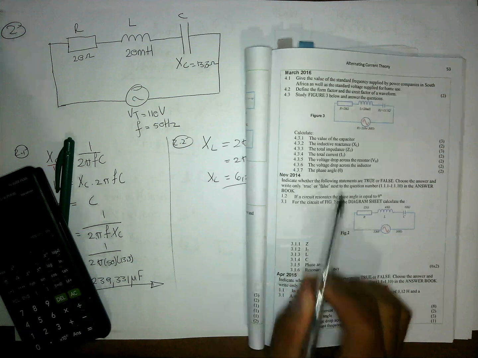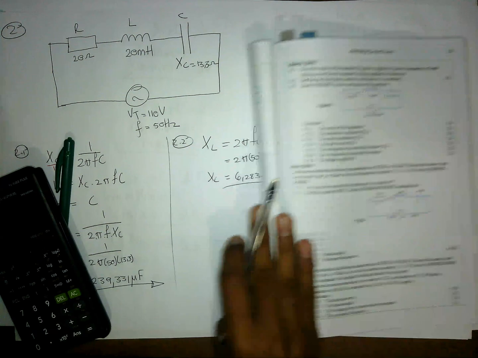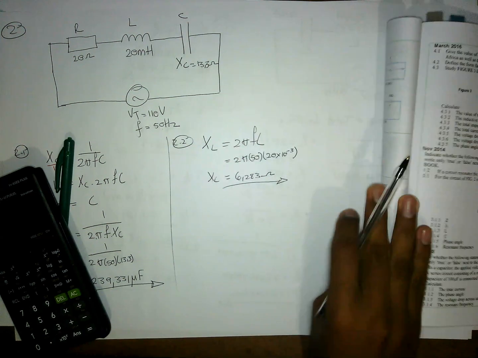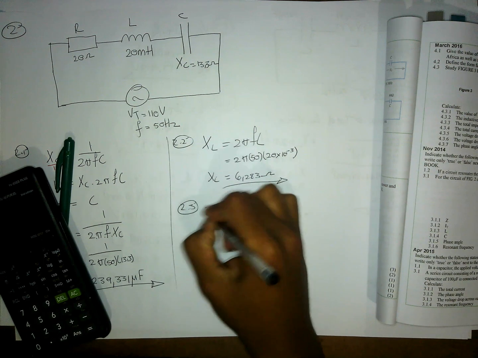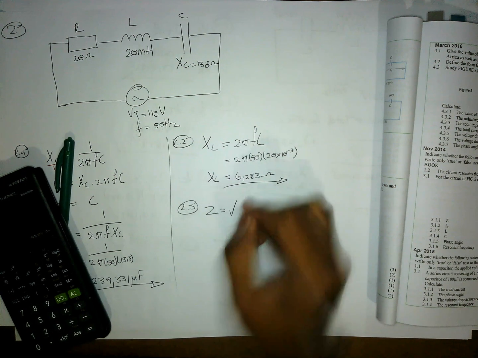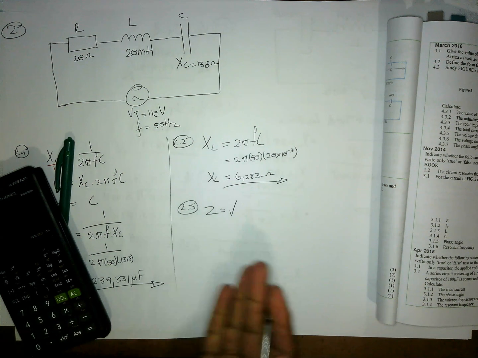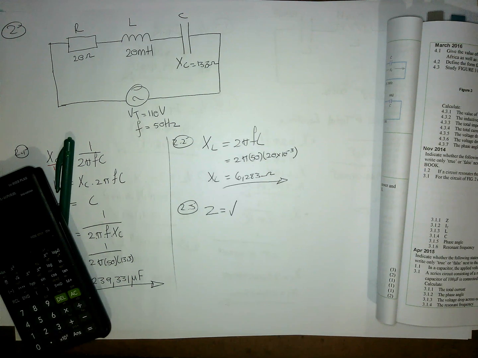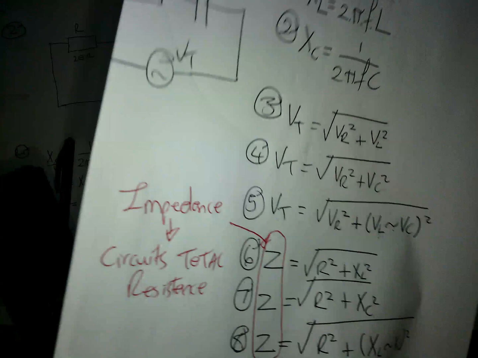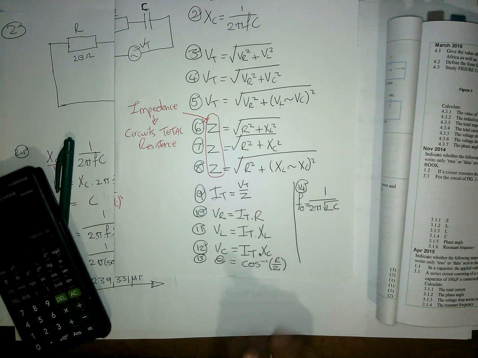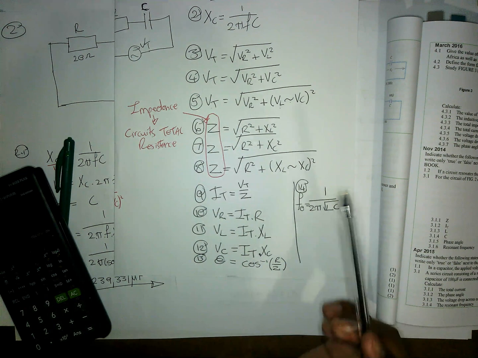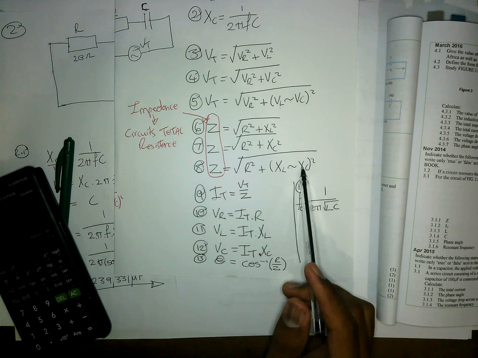Then they're asking for the total impedance. Total impedance, so Z equals. I don't know the formula, right? So I look at my formula sheet for the impedance of my circuit, because I have my R, L, and C in my circuit.